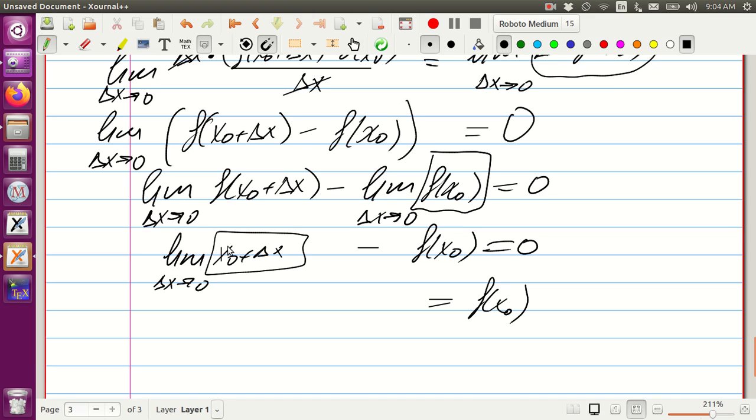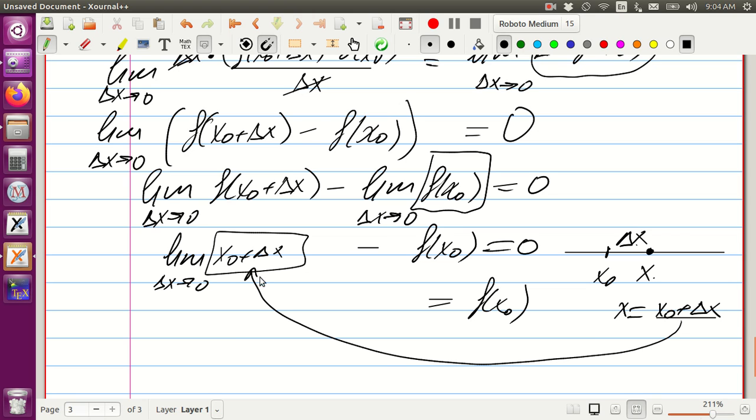Now let's try to see what this is. This is x sub 0, this is some other point x, and in order to arrive to this x, we make a delta x step. Right, so basically x is equal to x sub 0 plus delta x. So we're going to take this and we're going to put it over here.